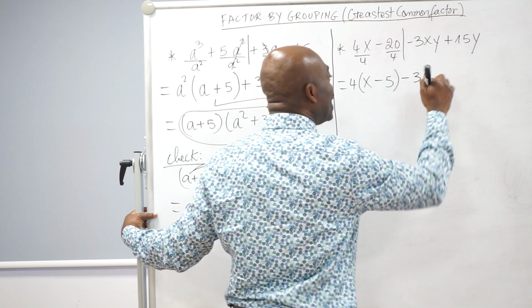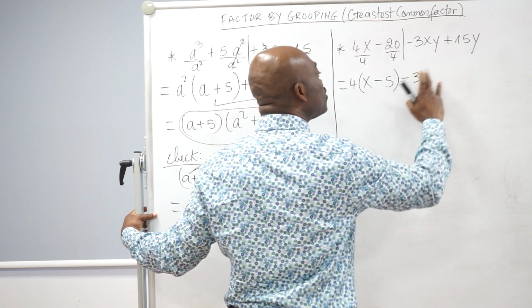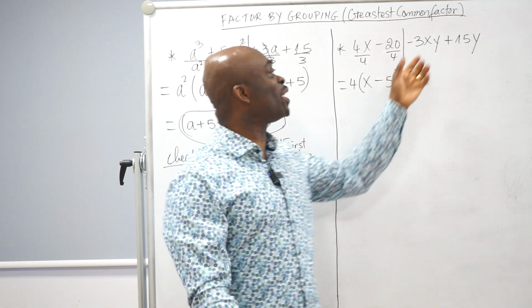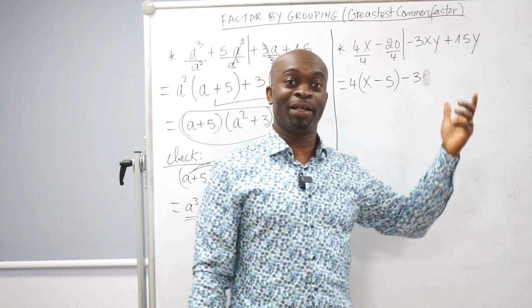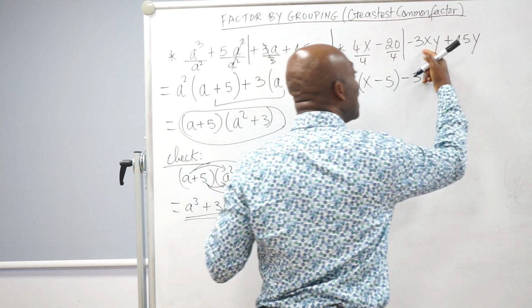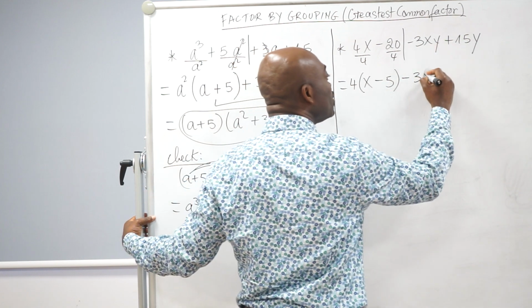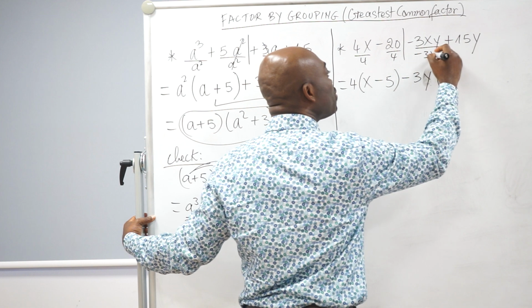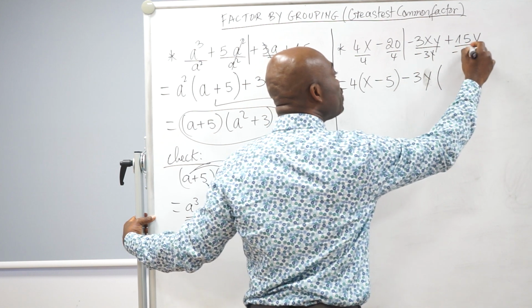And then what else do we have in common? Got to be careful, okay? Don't go too fast, all right? So what else do we have in common here? Y, because we have y here and y there. So it has to be negative 3y. Then you divide by negative 3y.